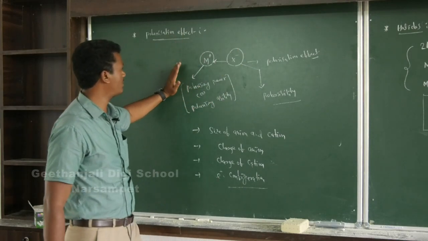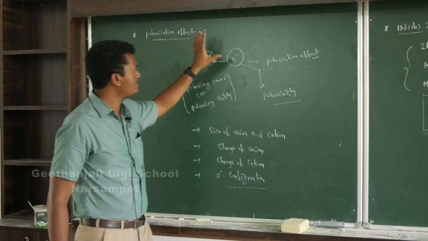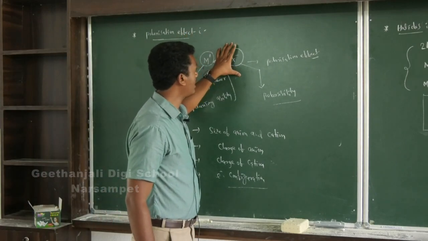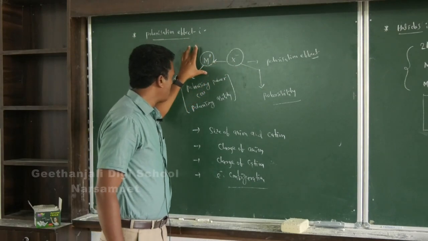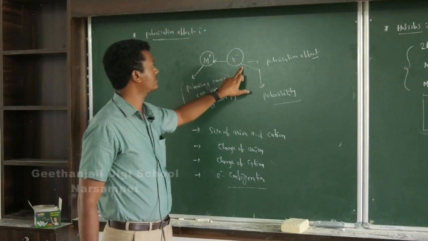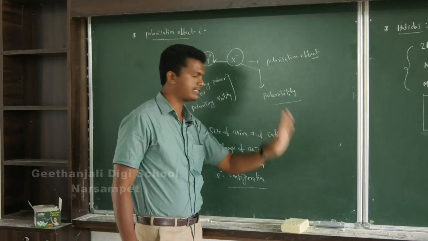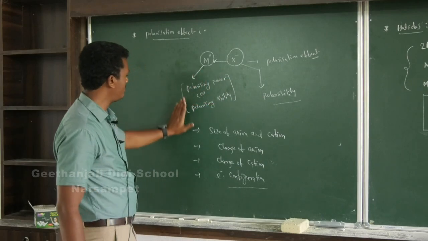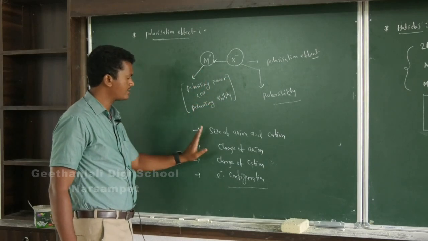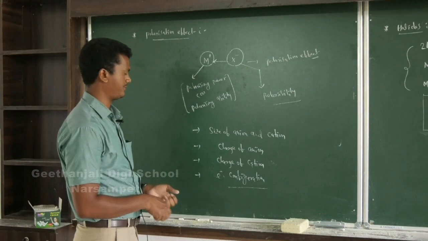That power is called polarizing power. The tendency of the electron cloud to be distorted by the metal ion is called polarizability. This polarizability and polarizing power will be decided by these factors: size of anion and size of cation.